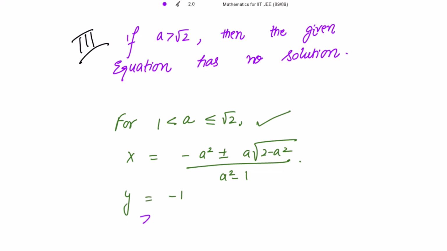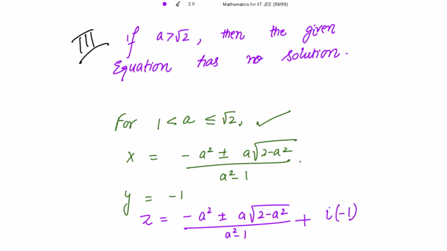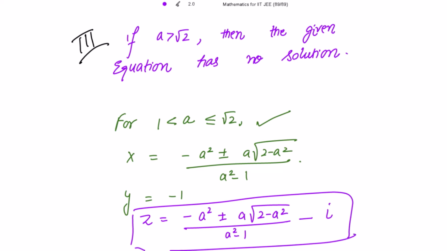So the required complex number is x plus iota y, that is, this is your x: negative a square plus minus a square root of 2 minus a square divided by a square minus 1. This is your x plus iota y. Y is negative 1, or you can also write this as negative iota, right? So this is your required complex number. Thank you.